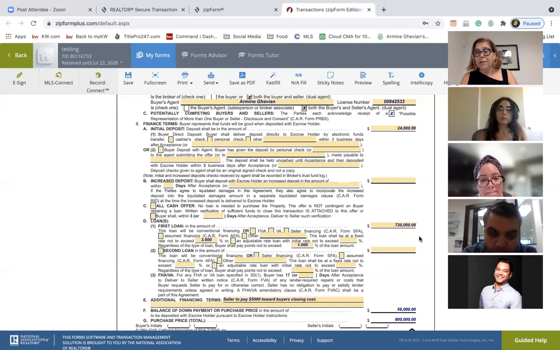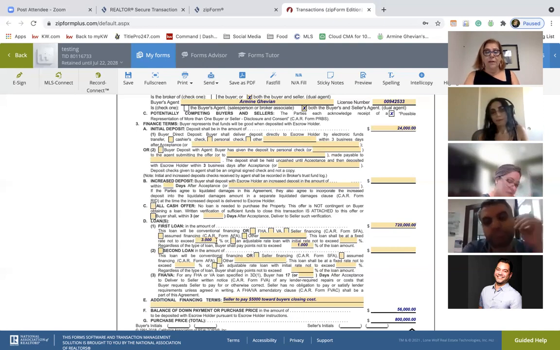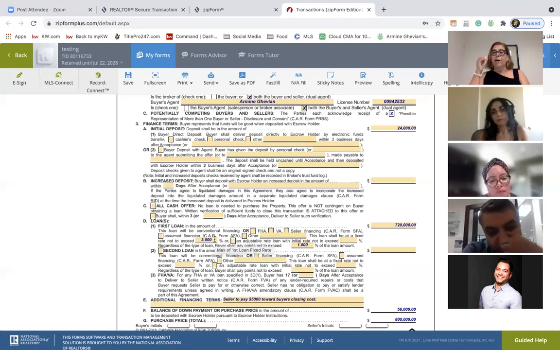See how important it is for you guys to know these things? Because imagine if you're writing this offer in front of a client. Not that you are at this time and age, you're writing it behind the scenes, but understand the concept. What will you write in here? Let's say the loans right now are 2.875.